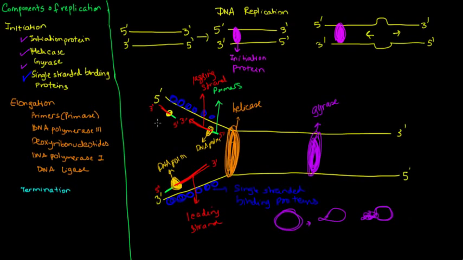What then happens is after the synthesis of the new strands is done, another enzyme called DNA pol 1 comes in and degrades the primers and replaces it with the nucleotides. So this goes, and we have this.